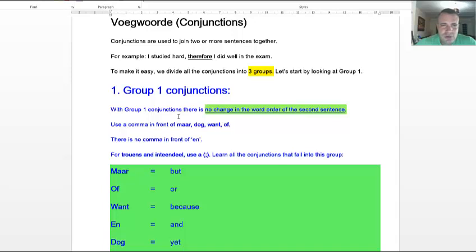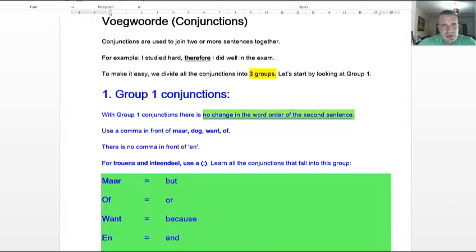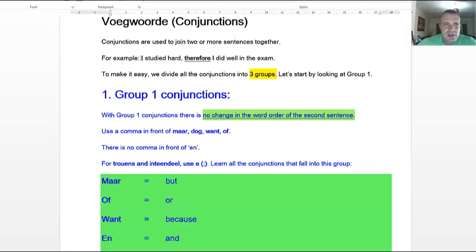So what we do in Afrikaans is we divide conjunctions into 3 groups, and I'll explain the reasons just now. It has to do with the word order in the second part of the sentence. So if we just look at this in English, for example, it says there, I studied hard. Now, let's say you don't want to use a full stop there. You want to say, therefore, I did well in the exam.